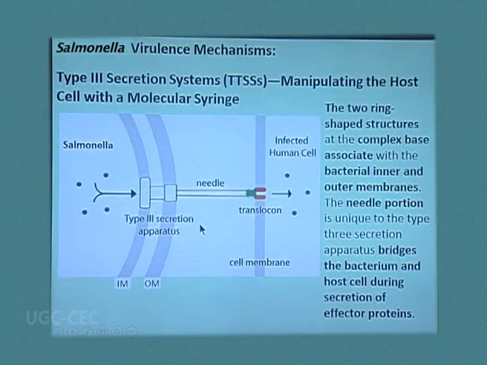So, this is a schematic representation of the type 3 secretion systems encoded by Salmonella and many other gram-negative bacteria. See, this part is the bacterial part and this part is the host cell part. The two membranes of the bacteria are shown, the outer membrane and the inner membrane, and this is the cell membrane of the host.